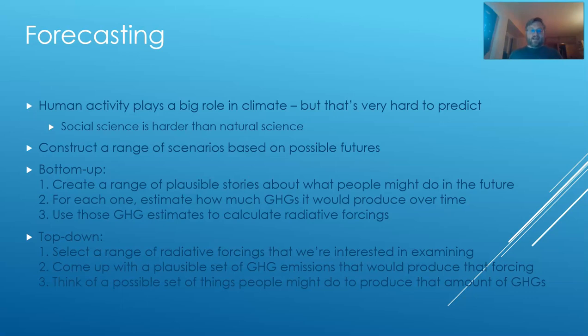So what that means is if we're trying to forecast, we're not going to do just a single forecast. We're going to construct a range of scenarios, a range of possible futures, things that we might do, and then we can run the model based on each of those scenarios. So we have sort of an if-then thing. If we put out this much emissions, then we'll get this temperature.